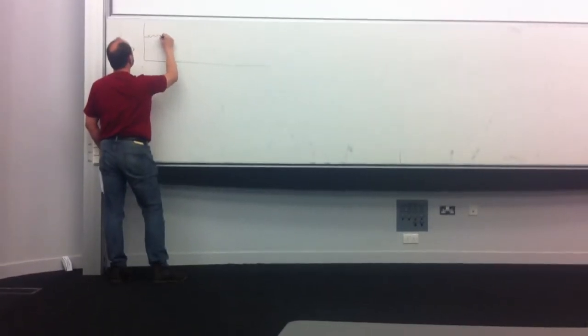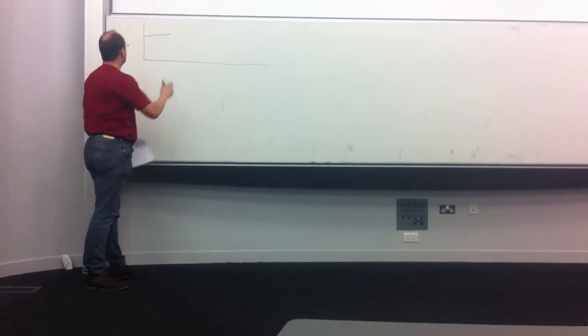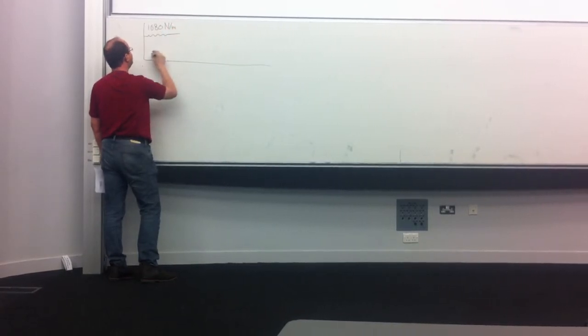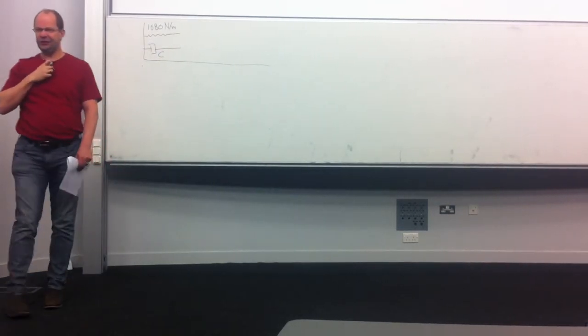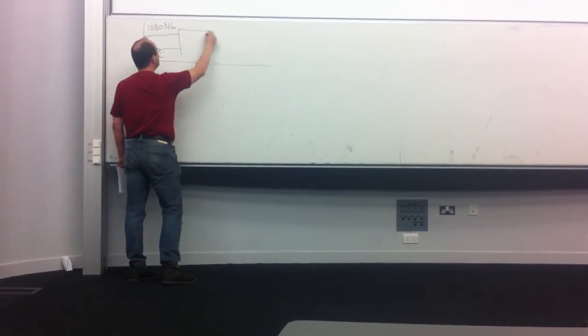Attached to a wall, a piece of spring with stiffness 1080 Newton per meter, a damper with damping constant C, which again we'll need to determine.